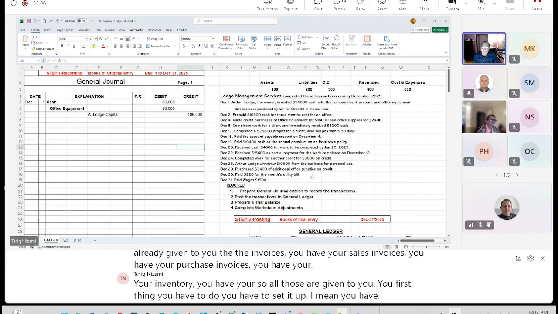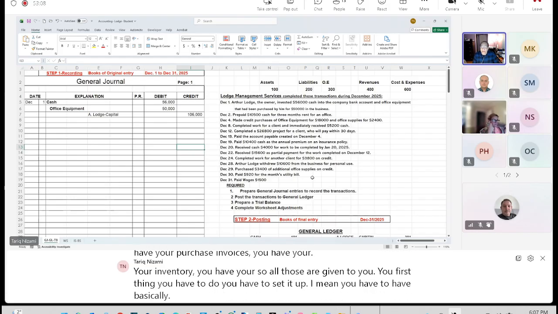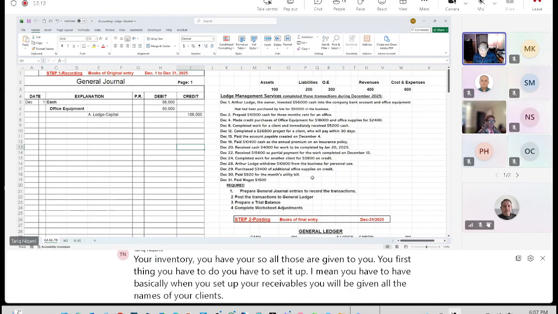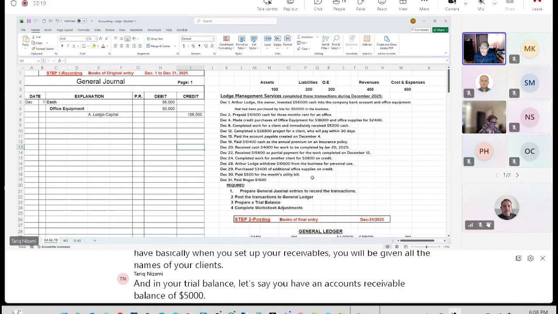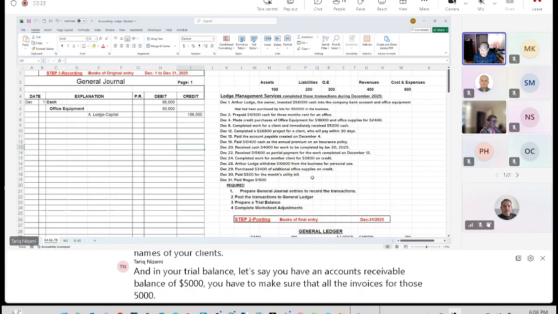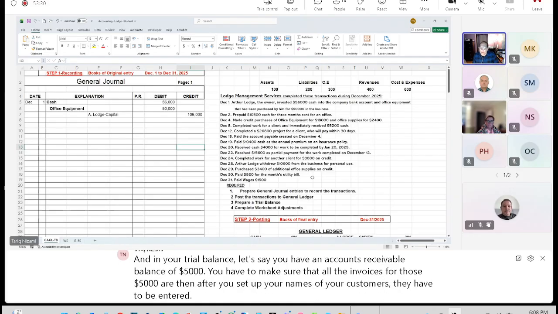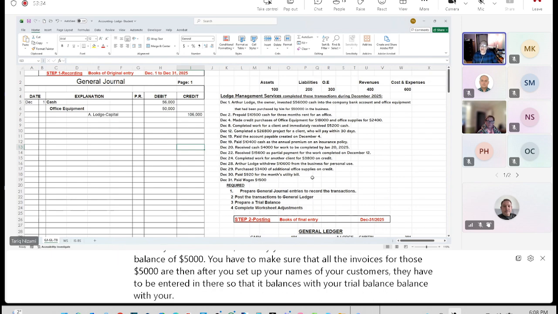When you set up your receivables, you will be given all the names of your clients. And if your trial balance has an accounts receivable balance of $5,000, you have to make sure that after you set up the names of your customers, all the invoices for those $5,000 are entered so that it balances with your trial balance and your general ledger.